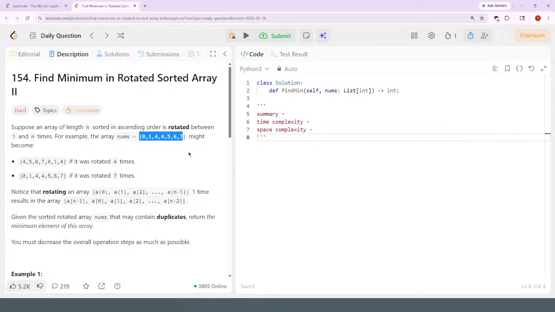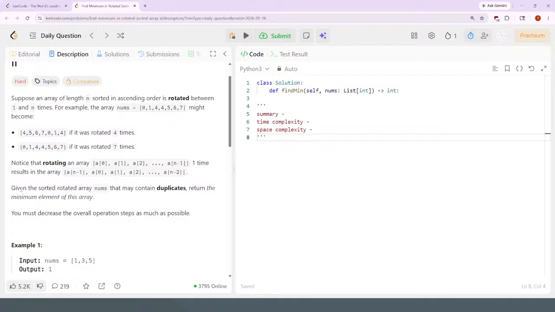And if the length of the array is divisible into the rotation, then obviously it's basically the same as being unrotated, or the same as the original array. Notice the rotating array is basically shifting left.